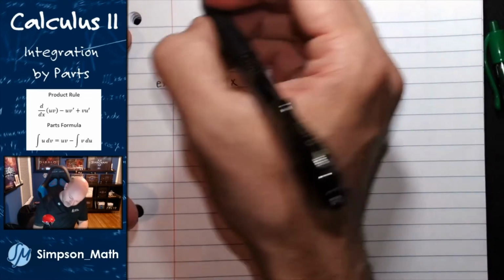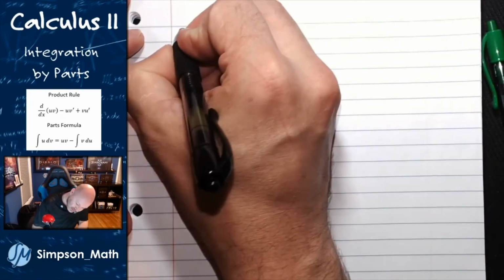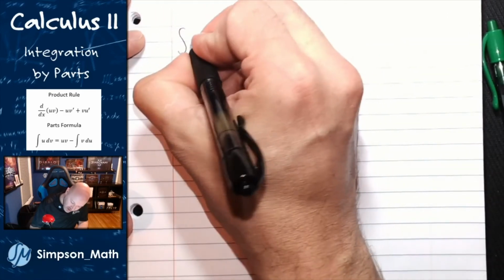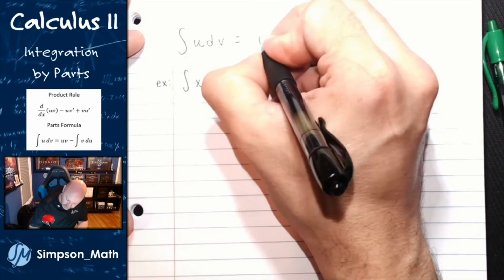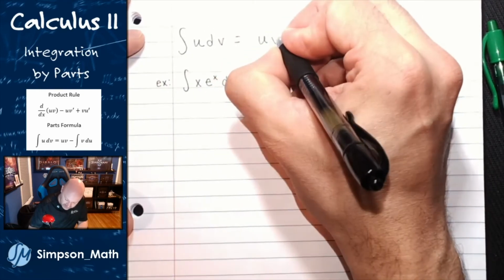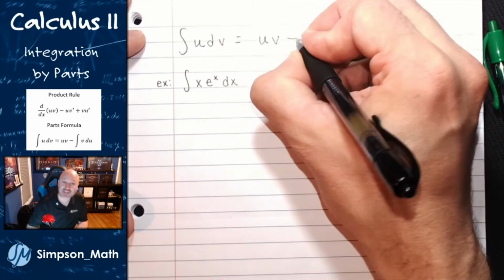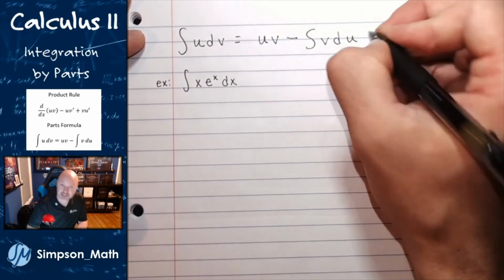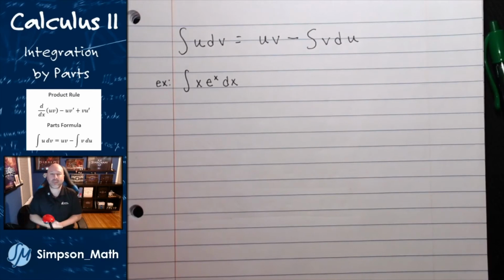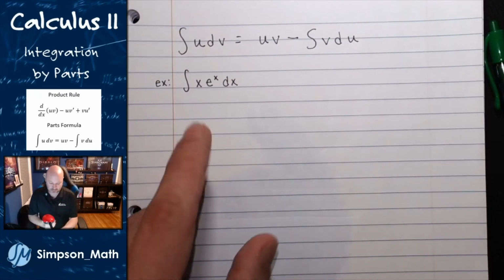So I'm going to rewrite it. The parts formula says the integral of u dv is equal to the product of u and v minus that other integral, v du. So I just rewrote the parts formula that I'm about to use.